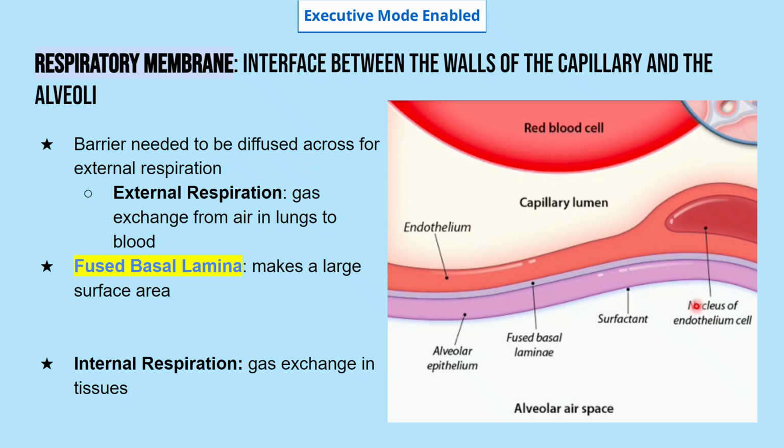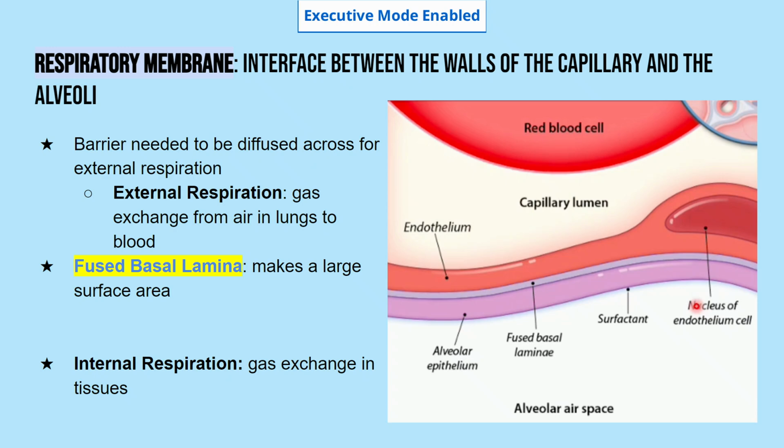So that's between the alveoli and the capillary. Internal respiration refers to gas exchange in the tissues. So then the blood in the capillary takes the oxygen from your lungs, travels to your tissue, and then internal respiration refers to the tissue or muscle actually taking the oxygen from the blood and releasing carbon dioxide.